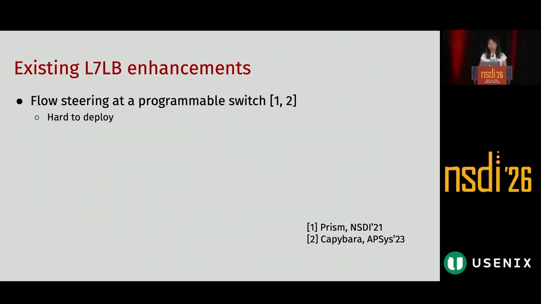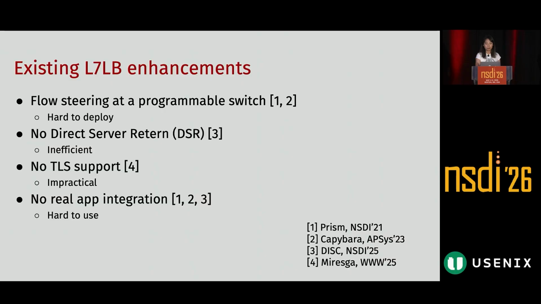There is some existing work on improving the performance of layer 7 load balancer-based systems. For example, works including Prism and Capybara both rely on programmable switches. And programmable switches are normally useful for operator tasks, for example monitoring or telemetry. However, it is unlikely that host applications have access to the programmability of the switches.